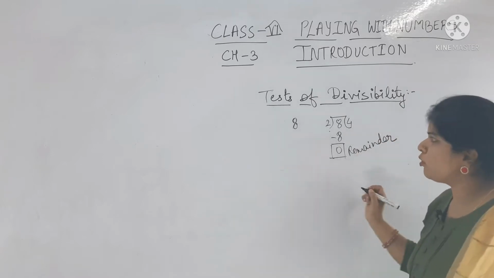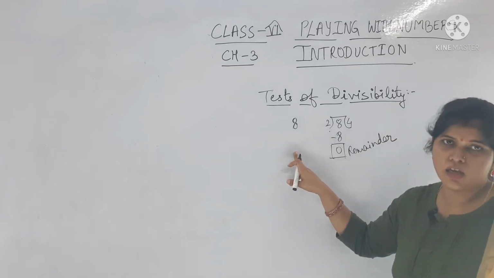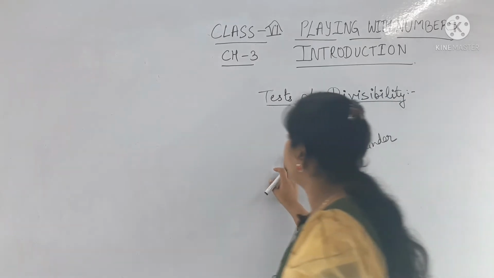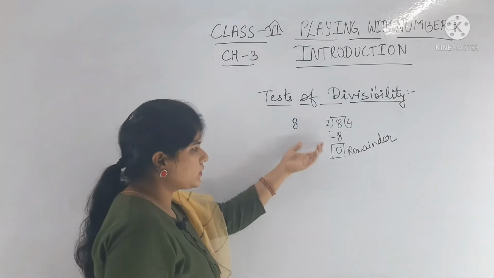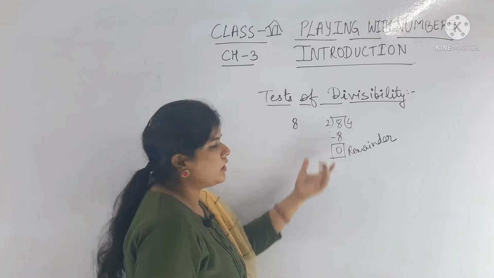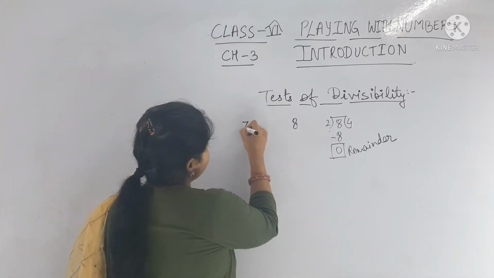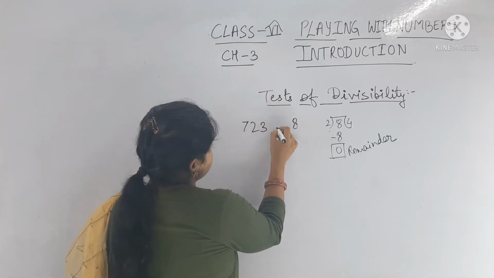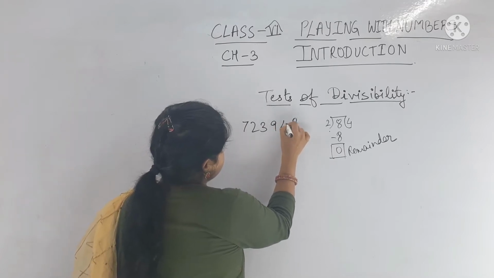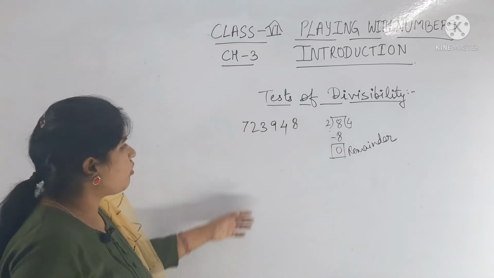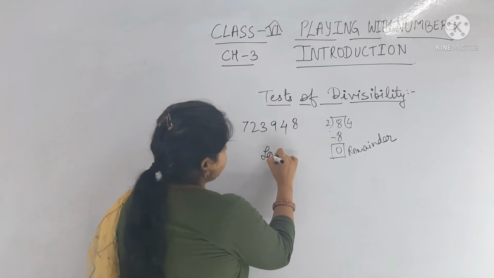Here remainder is 0 means it is divisible, okay. It is a single digit, so it is possible that we will divide. If it is a long number like this, okay, so this will be long division.